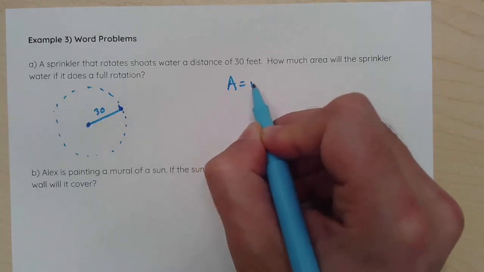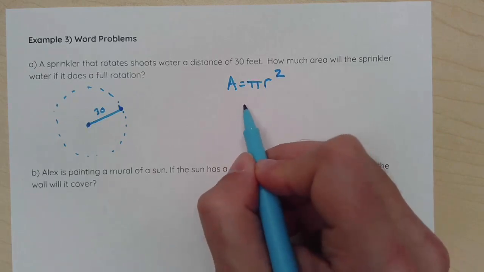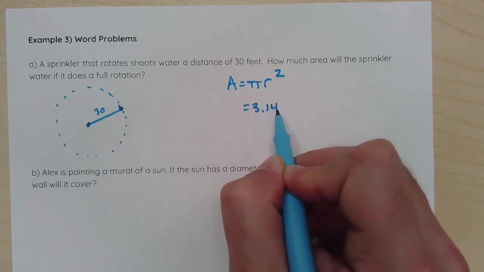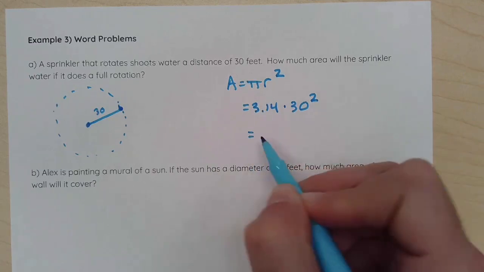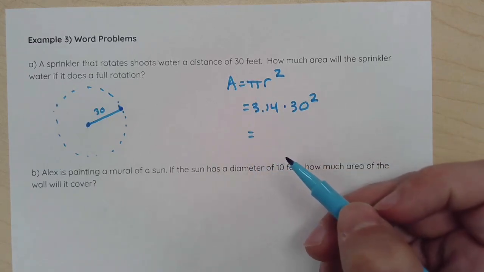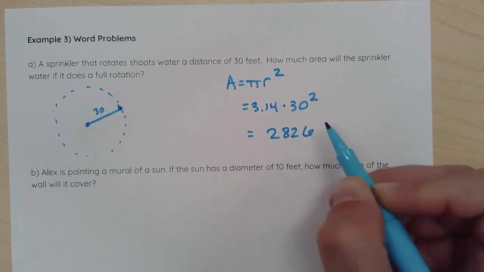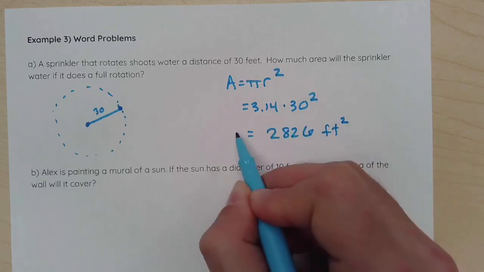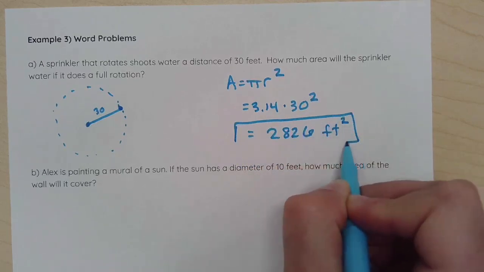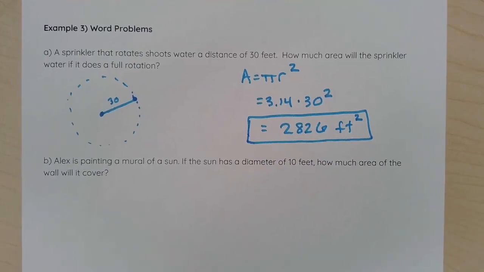Area equals pi r squared. 3.14 times 30 squared gives me approximately 2,826 feet squared. So again, I see the area in that problem because it's how much will it cover. So covering space would be area.